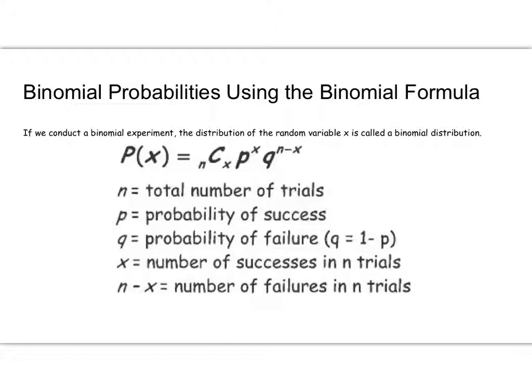That's what this means: the probability of however many successes we're looking for is equal to how many different ways or combinations there are for that to happen, times the probability of success to the number of successes, times the probability of failure to the number of failures. We will go over this in class.